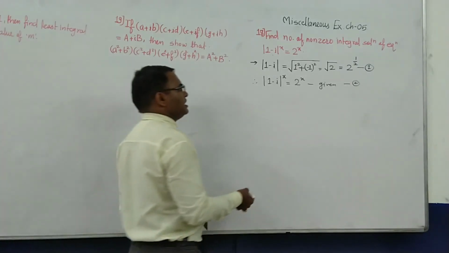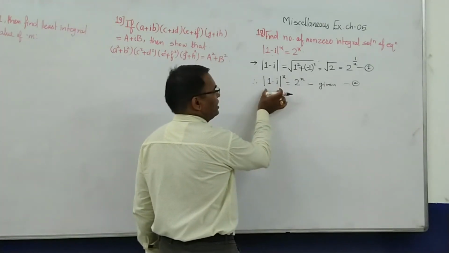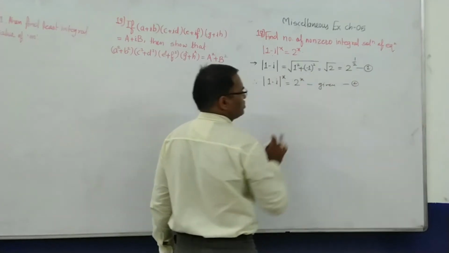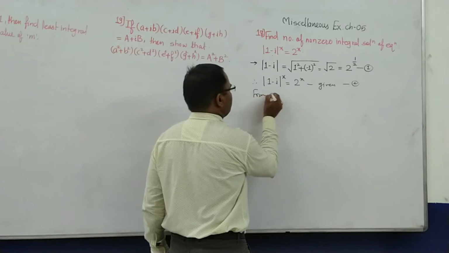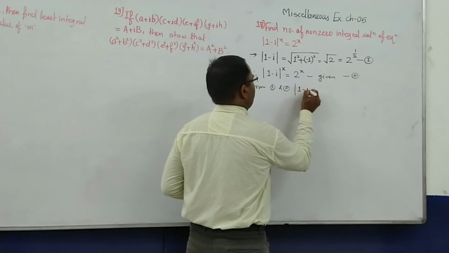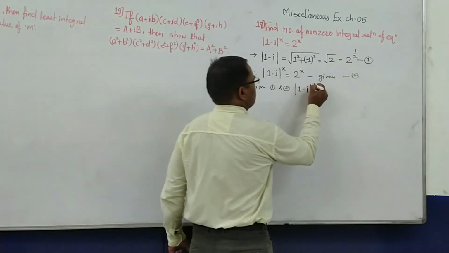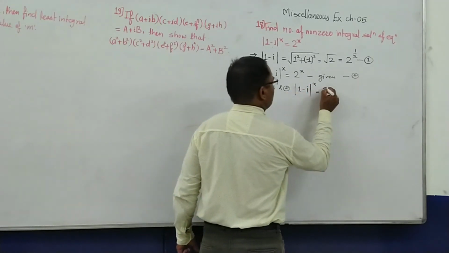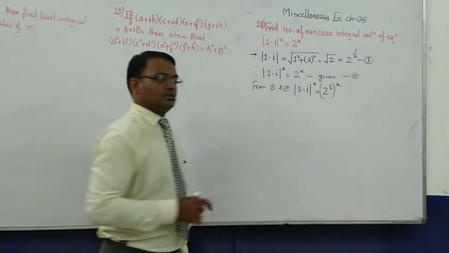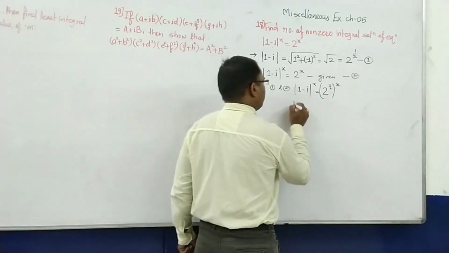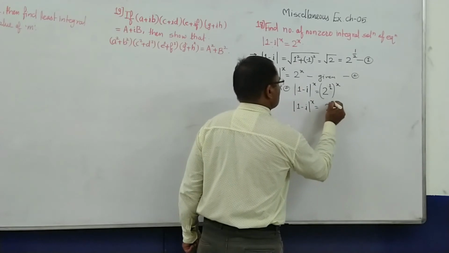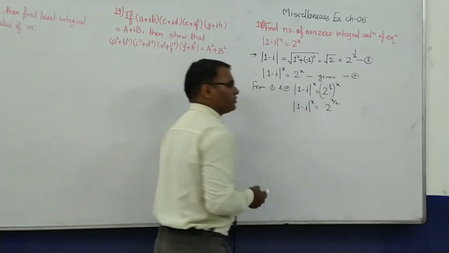If we consider the same part, it will be mod of 1 minus i raised to x is equal to 2 raised to half raised to x. If you go further, it will be mod of 1 minus i raised to x is equal to 2 raised to x upon 2.